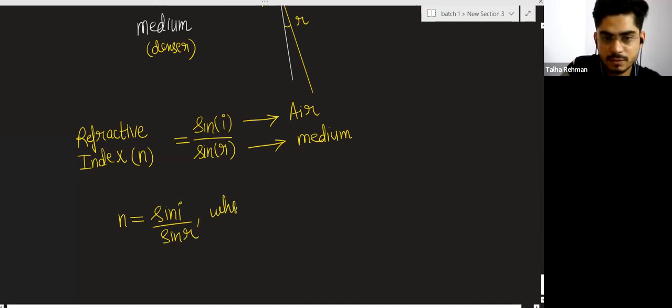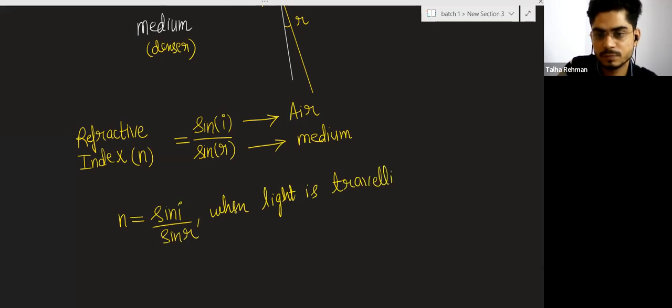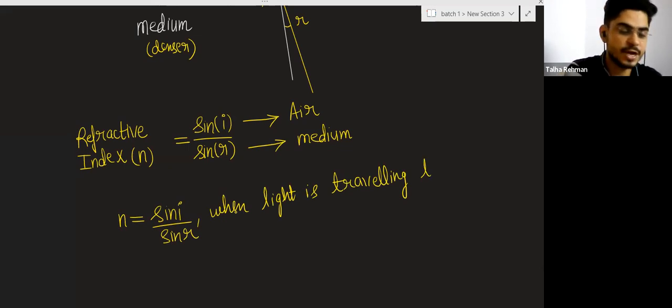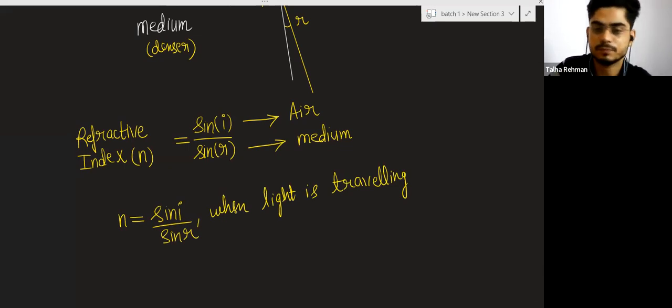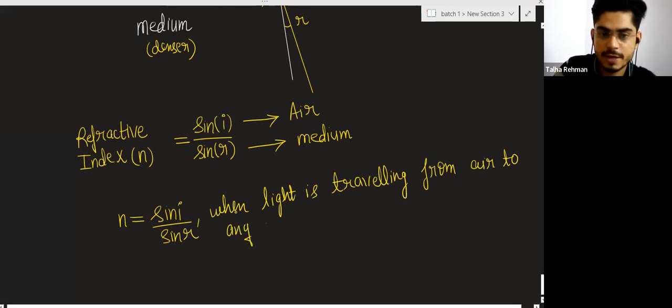This is when light is traveling from air to any other medium.